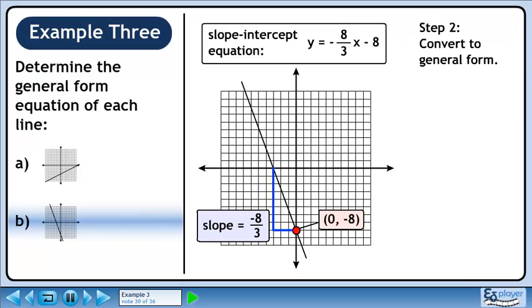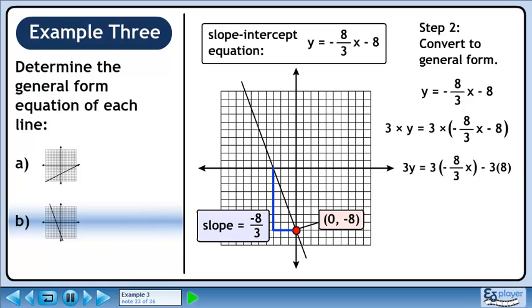In step 2, we'll convert the slope-intercept equation to general form. Let's bring back the equation we just found. Multiply both sides by 3 to eliminate the fraction. On the right side, distribute 3 through the brackets.